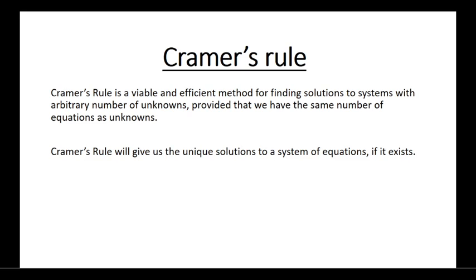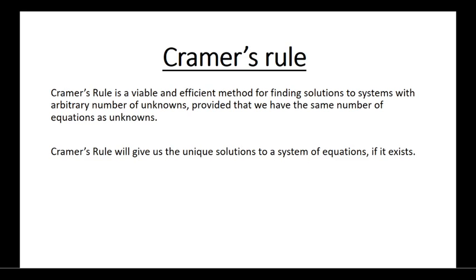Cramer's rule will give us only one solution, a unique solution to the system of equations if it exists, otherwise we don't get the solution. So remember that Cramer's rule is the best and easiest method to find the solution of linear equations. But to apply this Cramer's rule, there is one condition.